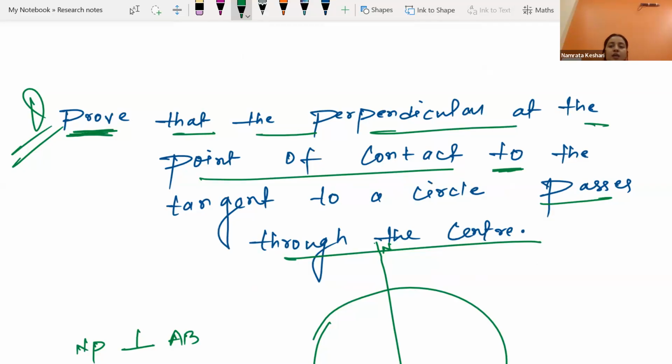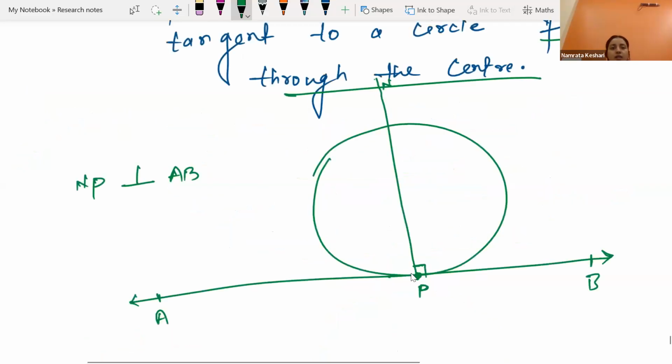So first try understanding it, then I'm writing everything properly. NP is a perpendicular on this tangent AB. We have to prove that this perpendicular is passing through the center of the circle.